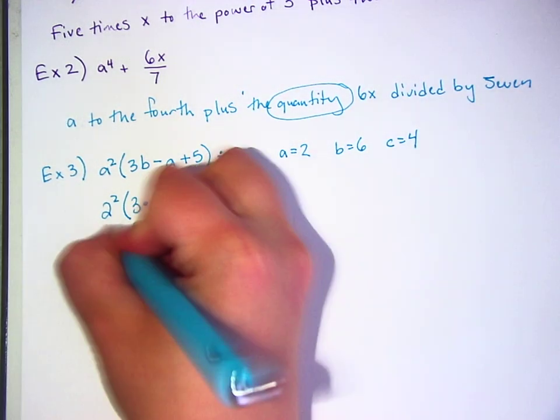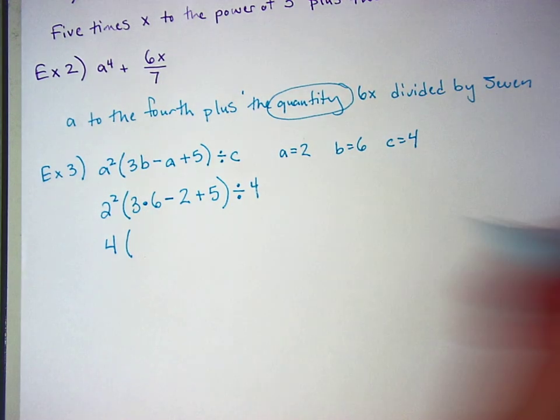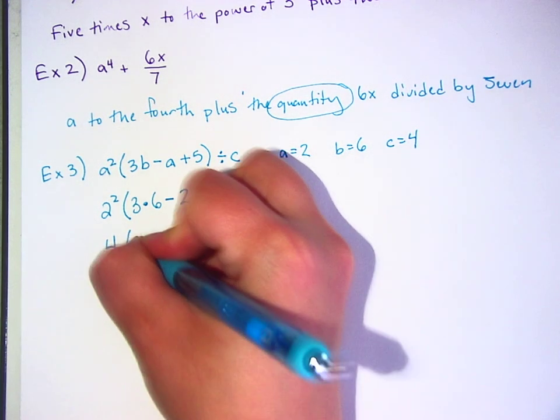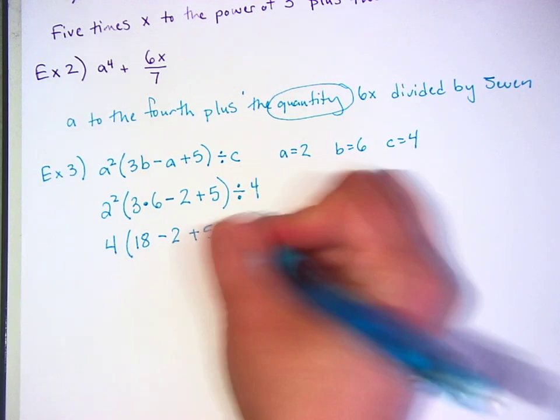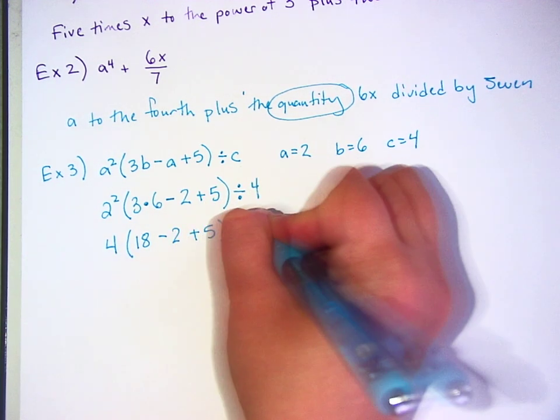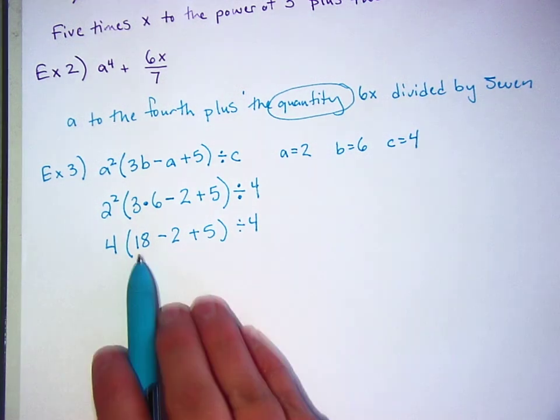All right. Back to that. 4, parentheses, 3 times 6 is what? 18? Come on, guys. Minus 2 plus 5 divided by 4. What should I do next? No, you've got to go left to right.